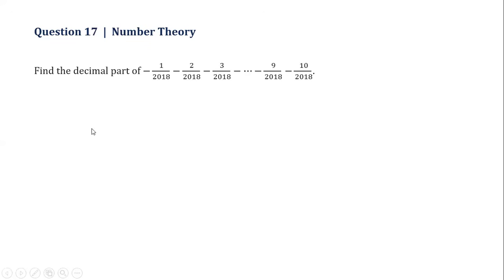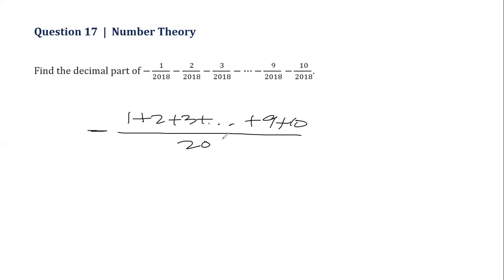It's essentially the same, but the difference is the negative sign and also the last term is 10. So let's just put the negative here, and 1 is going to become 1 plus 2 plus 3 plus dot dot dot plus 9 plus 10, over 2018.